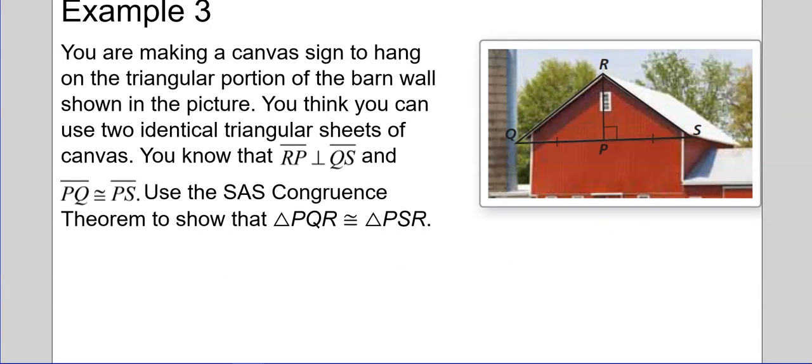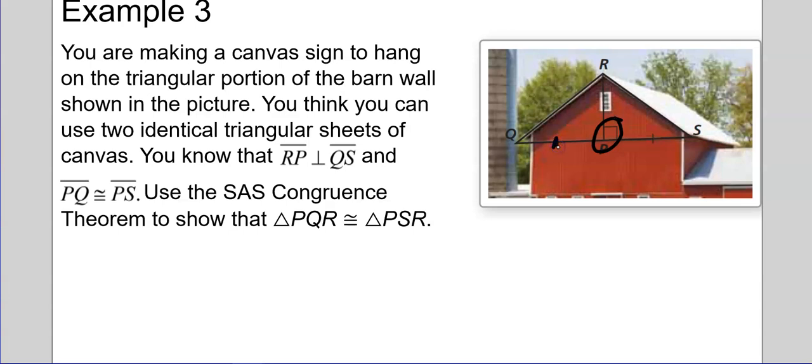All right, you're making a canvas sign to hang on the triangular portion of the barn wall shown in the picture. You think you can use two identical triangular sheets of canvas. You know that RP is perpendicular to QS, and it's marked right here. And you know that PQ is congruent to PS.